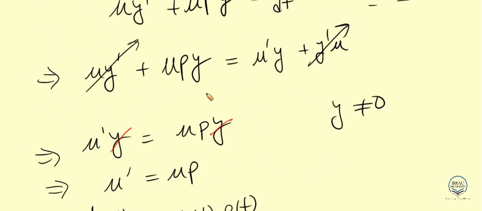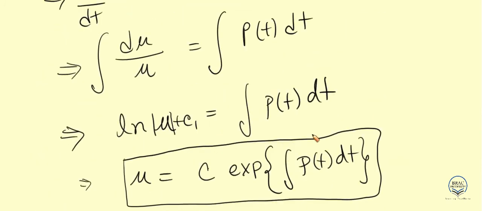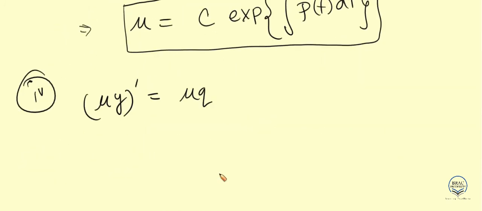And again, I'm reminding you that this is coming from this line over here, that is mu y prime plus mu py equals mu q. But we wanted to have mu y prime plus mu py equal to (mu y) whole prime, right? This is the thing we demanded in step 3. So using this demand and using this equation 2, you can write (mu y) prime is equal to mu q.